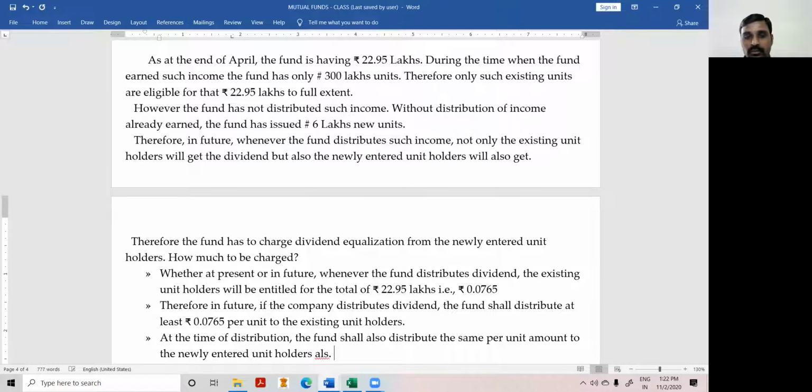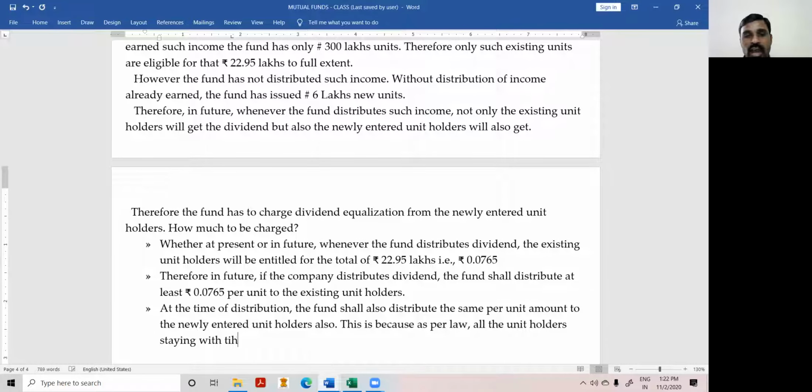This is because, as per law, all the unit holders staying with the fund as on the record date are eligible for dividend.